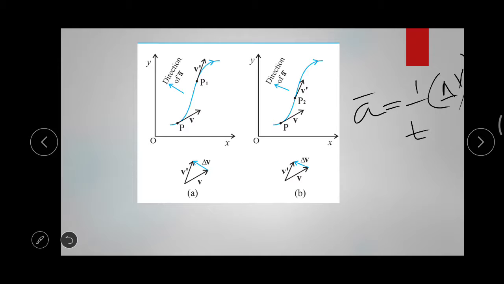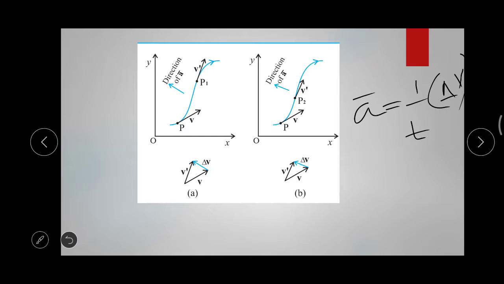It is just a scalar quantity, or we can say a numerical number. So if you multiply a scalar quantity or a number with a vector, only its magnitude changes; the direction will be the same. So as we know, the average acceleration is equal to 1 by t into delta v. The direction of both delta v and average acceleration will be the same.